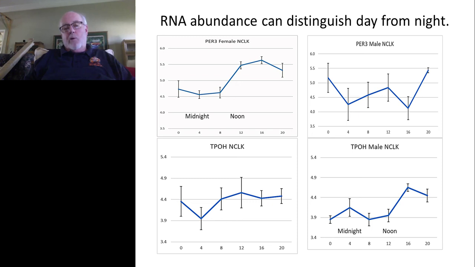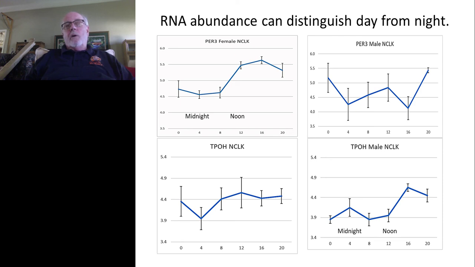Huge error bars. Now, it's important for you to know that these error bars do not reflect technical variability in our qPCR assay. Rather, these error bars reflect biological variability among the 20-odd males that were tested.